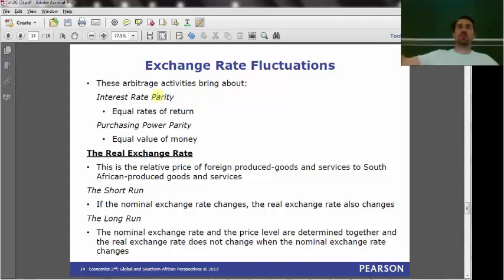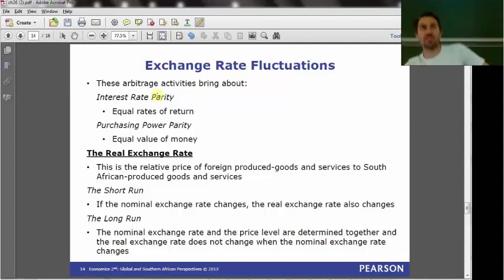What do you think is going to happen to the price of eggs in Joburg? Why are they going to increase? Well, because the supply in the Cape is decreasing. When the supply in the Cape decreases, what happens to the price of eggs in the Cape? It goes up. So what do people start doing in Joburg? They say, you know what? The price of eggs in the Cape is high and the price in Joburg is low.